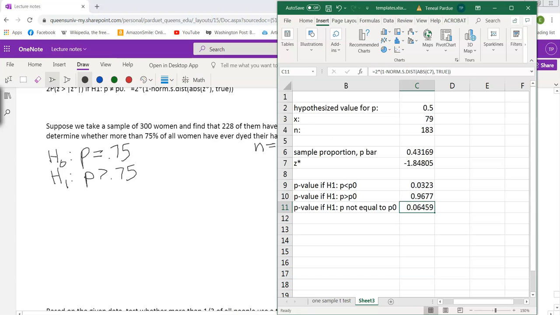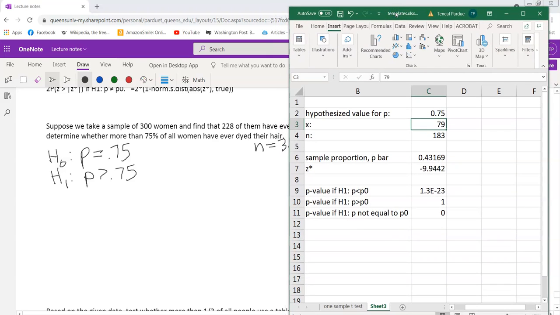So let's go over to our template. Our hypothesized value is 0.75. Our X was 228, and our N was 300 in this problem. So our sample proportion is 0.76.